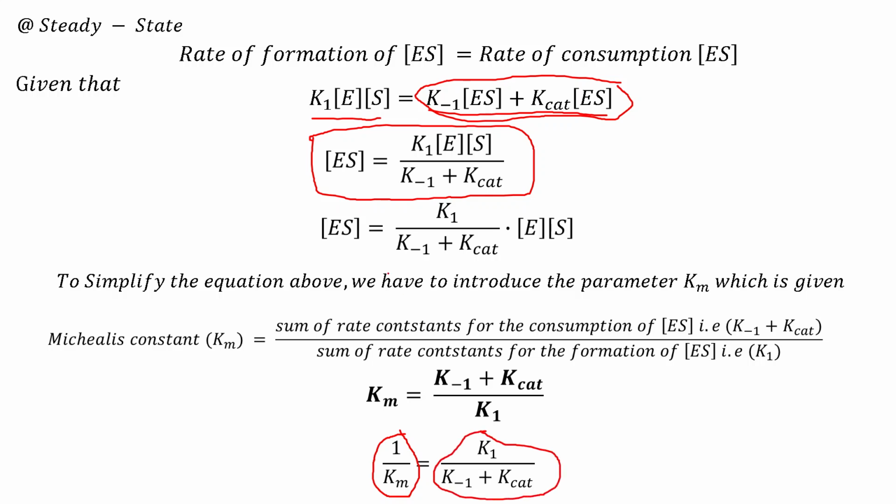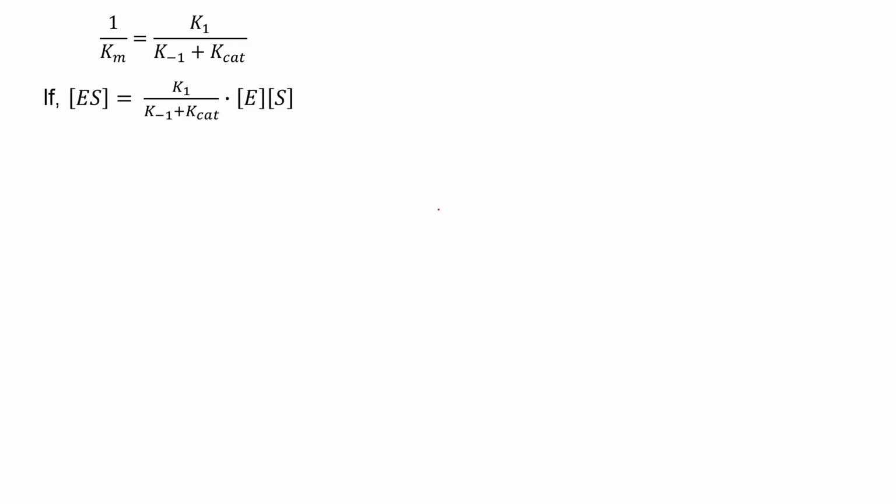And that is exactly what you have in this place. So we are going to use that to replace our K1. So I have said that 1 over Km is equal to K1 all over K minus 1 plus K cat.